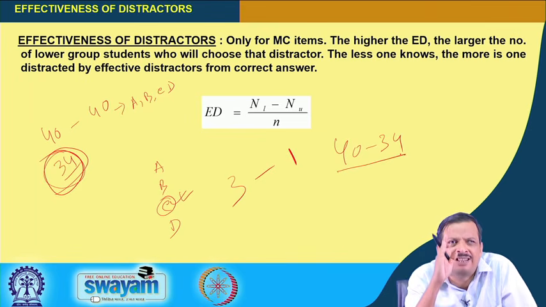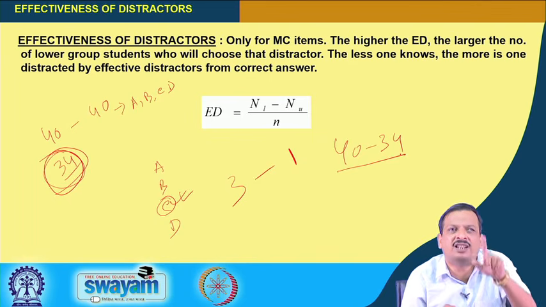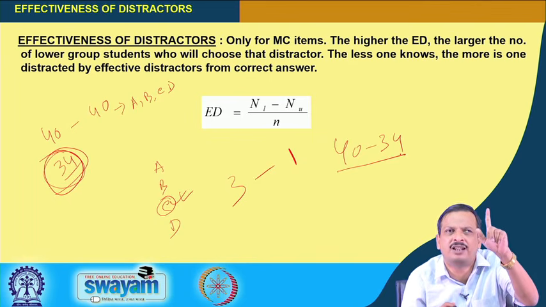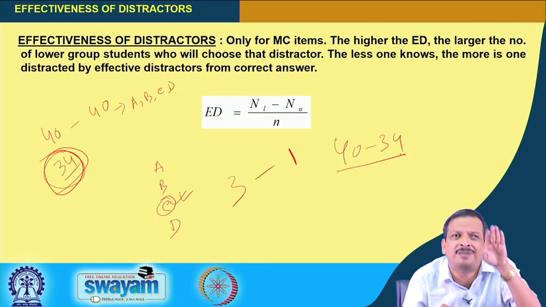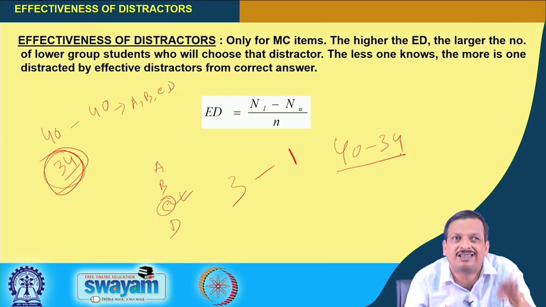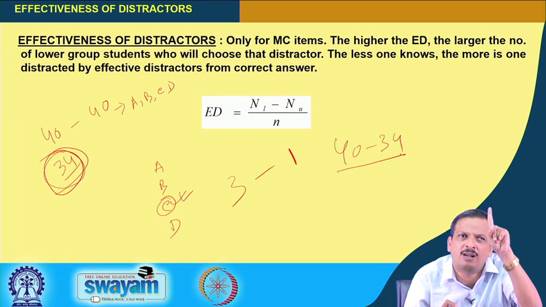For every 3 marks of mistake, since the question carries 1 mark per test item, for every 3 wrong marks I can get 1 mark correct.